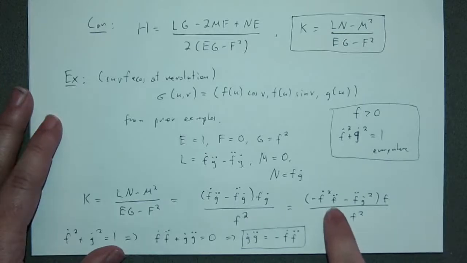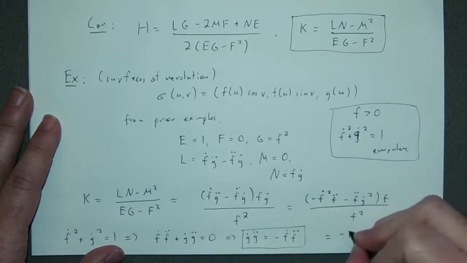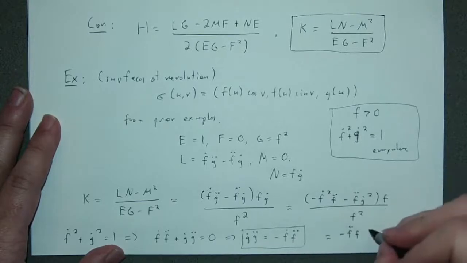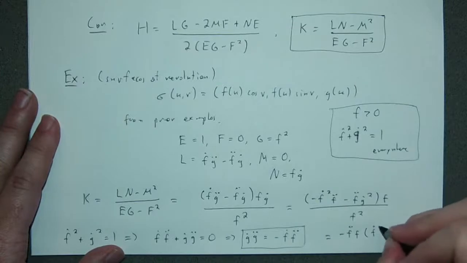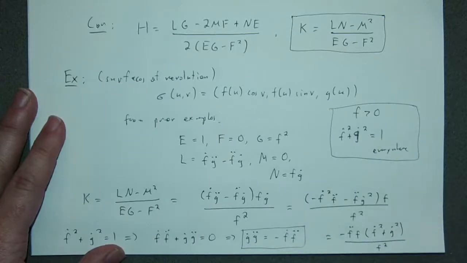But then I have an f double dot in both terms, and I have minus f dot squared minus g dot squared. So if I factor out a minus f double dot, this is minus f double dot over f times f dot squared plus g dot squared, all over f squared.